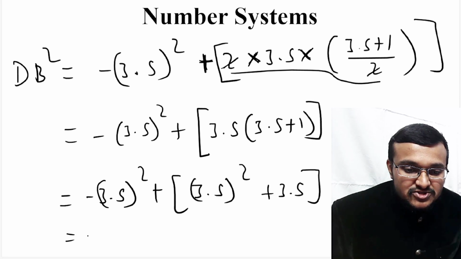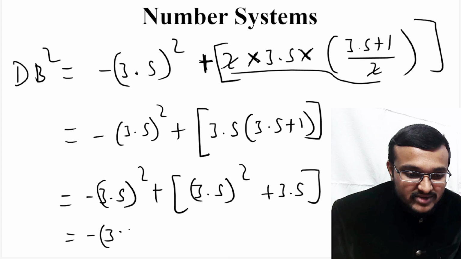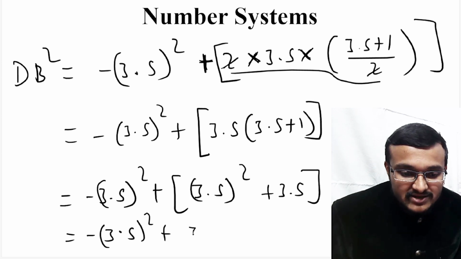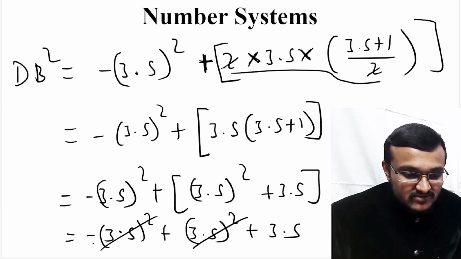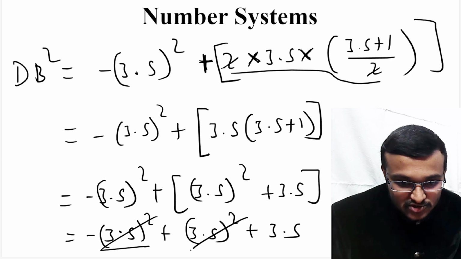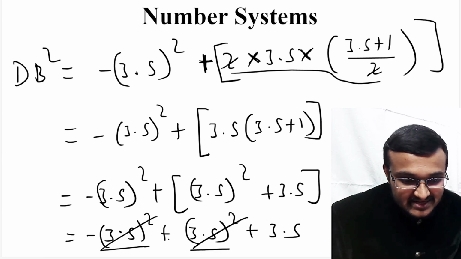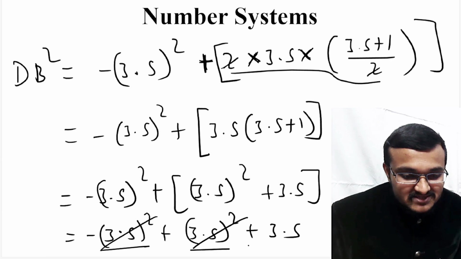Now we can bring this outside the bracket. That is minus 3.5 square plus 3.5 square plus 3.5. Here 3.5 square minus 3.5 square can cancel each other, because 3.5 square is there in both, with a minus here and a plus there, so you can cancel them.